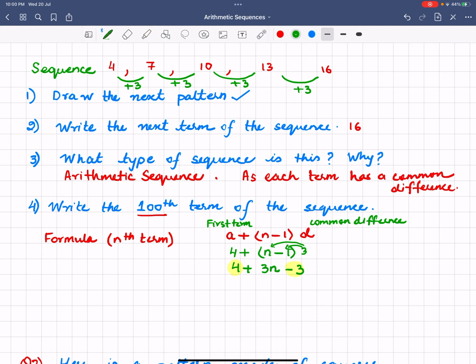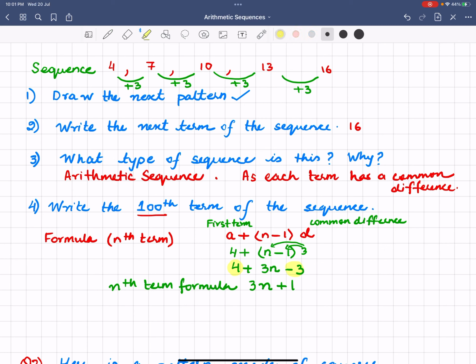So we can simplify them. 4 minus 3 gives me 1. Therefore, my formula is 3n plus 1. 4 minus 3 gave me 1, and 3n is written as it is. So my nth term formula for this particular pattern above is 3n plus 1.